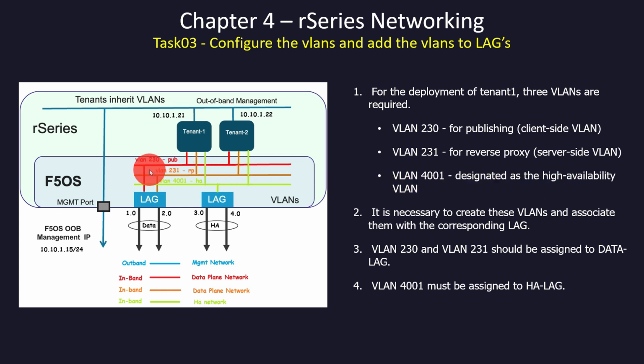It is necessary to create these VLANs and associate them with the appropriate LAG. In our lab, VLAN 230 and VLAN 231 should be assigned to data LAG. VLAN 4001 should be assigned to HA LAG.